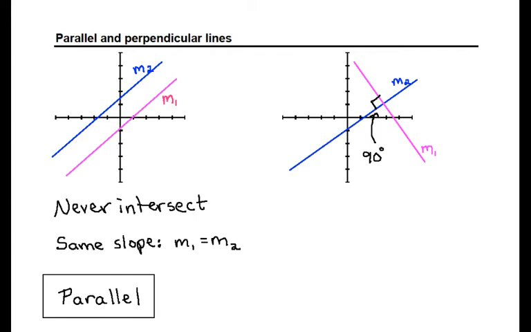So they do intersect, and their slopes have a little bit more complicated relationship. We can probably see by looking at these lines that if one has a positive slope, the other should have a negative slope. We can also perhaps see that if we tried to make one of them steeper, the other one would get compensatingly less steep.